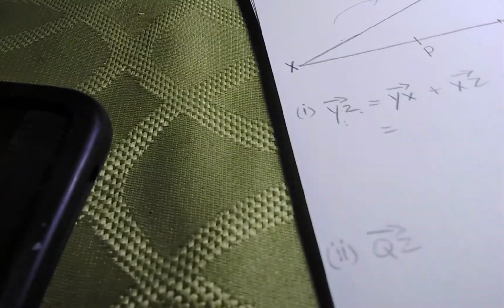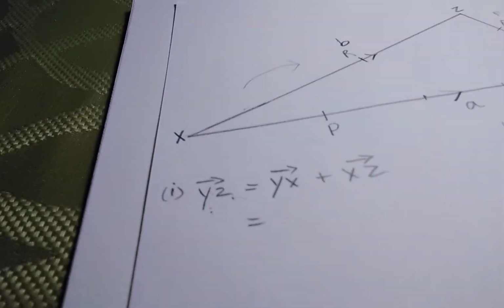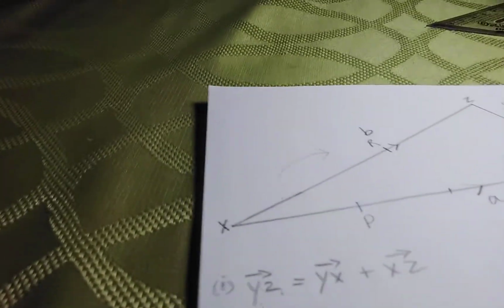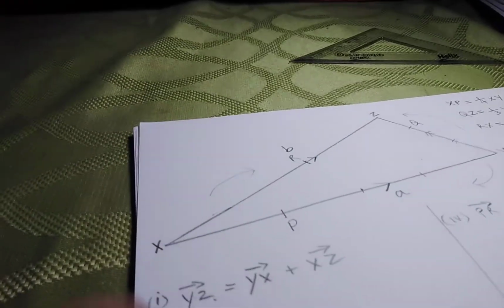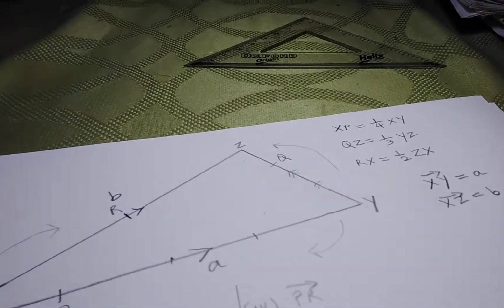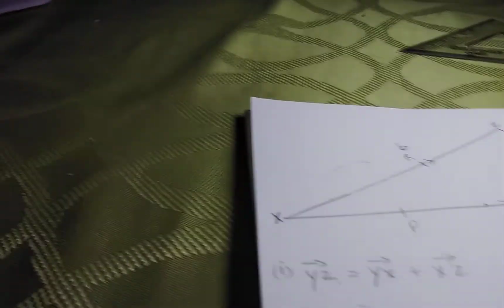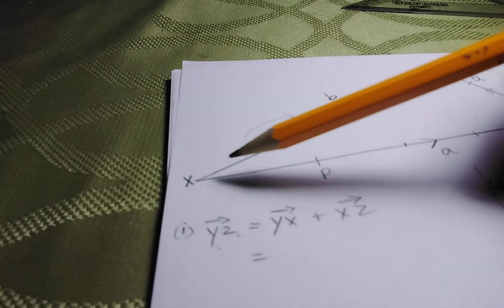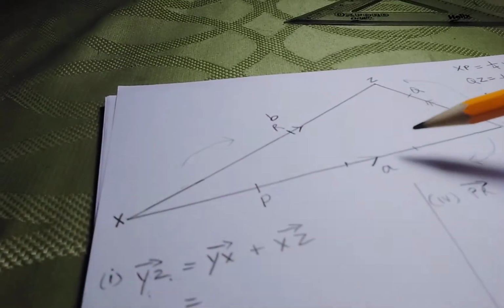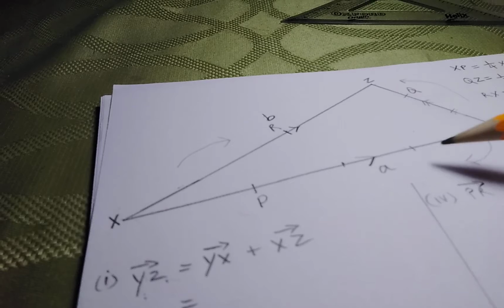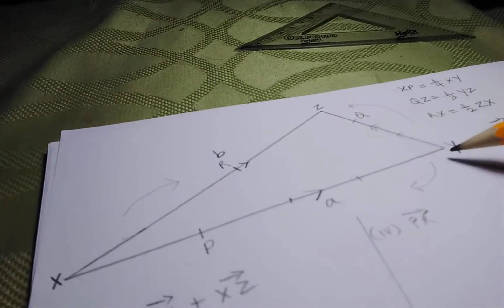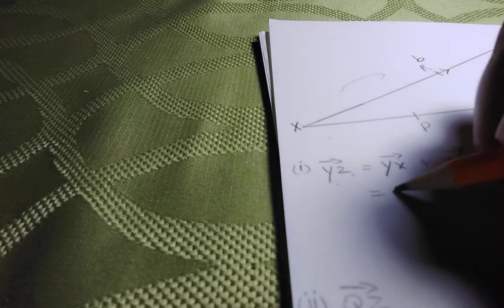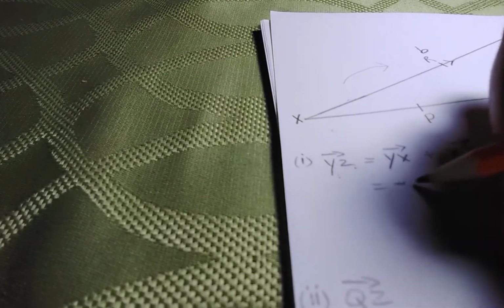Okay, now we know, based on the information, that XY is equal to a. XY is equal to a, but I'm going in the opposite direction, so it's an inverse vector. So if XY going in that direction is positive a, then YX going in the opposite direction will give us negative a.